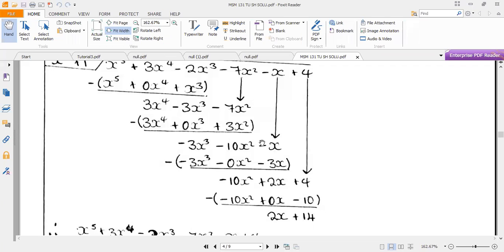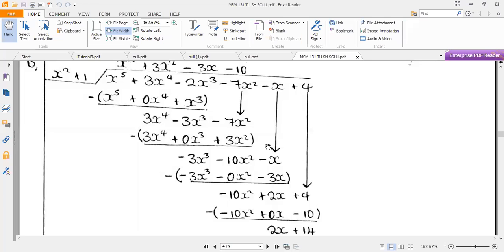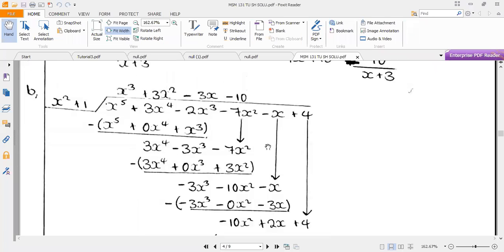Then we drop the negative x. So if we say negative 3x cubed divided by x squared, it will be negative 3x. Negative 3x times x squared will be negative 3x cubed, minus 3x times 1 will be minus 3x.